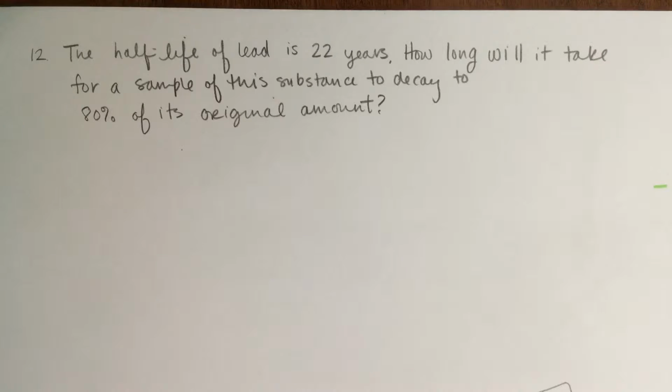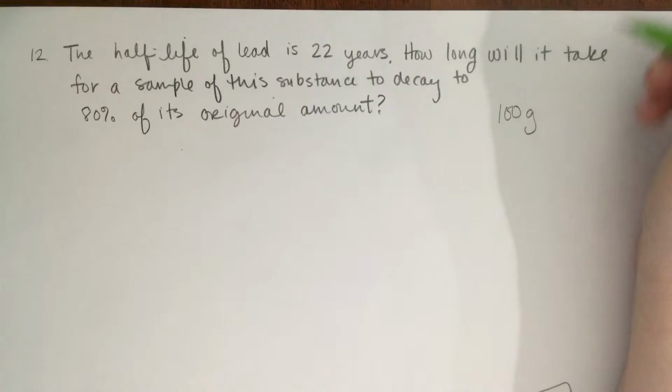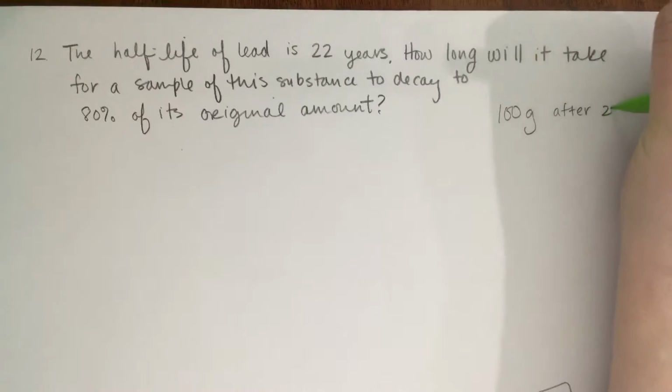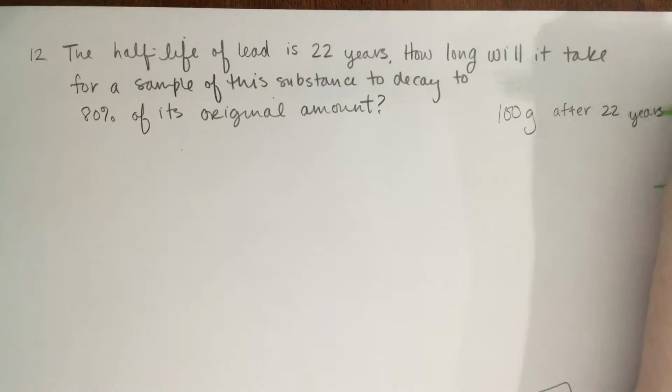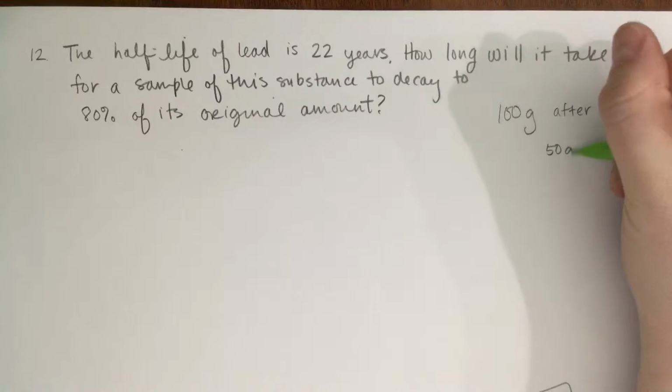Now, in this example, it tells us that the half-life of lead is 22 years. So what that essentially means is if I have 100 grams of lead to start with, after 22 years, I'm going to be left with 50 grams.